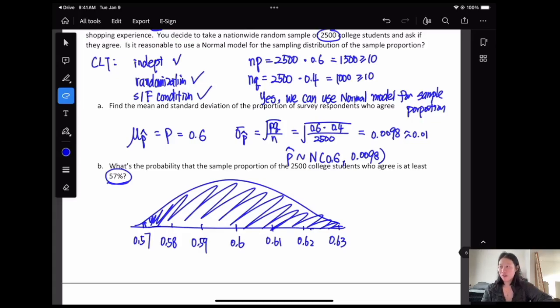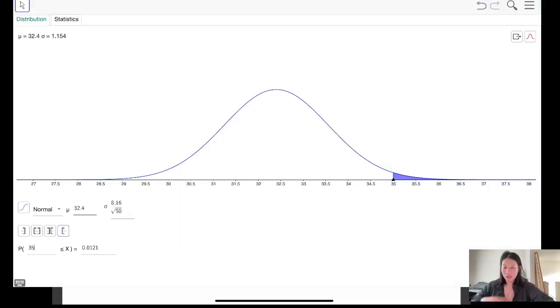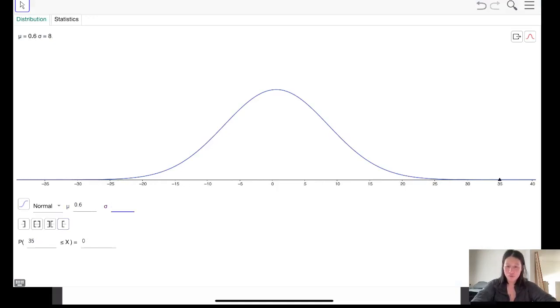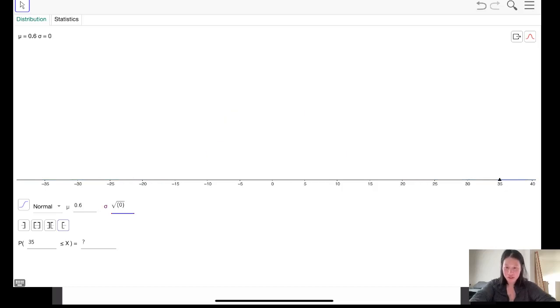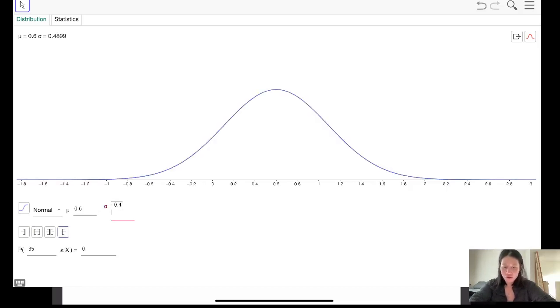Now, let's take a look and check. The proportion mean is going to be 0.6, and sigma is going to be the square root of 0.6 times 0.4 divided by 2,500.